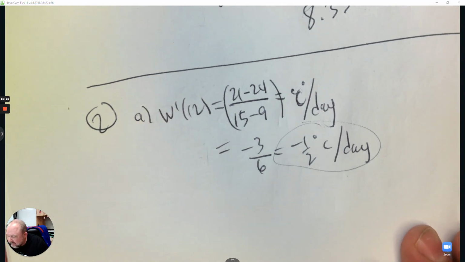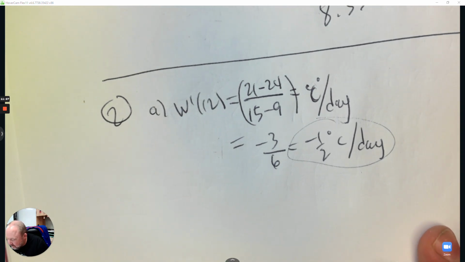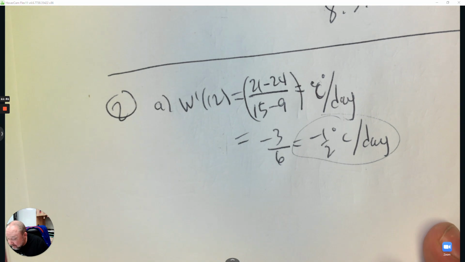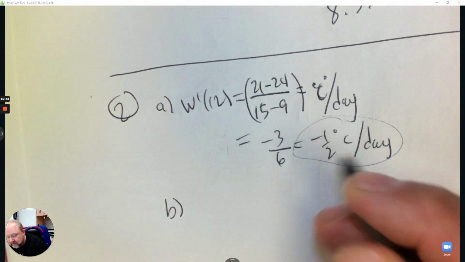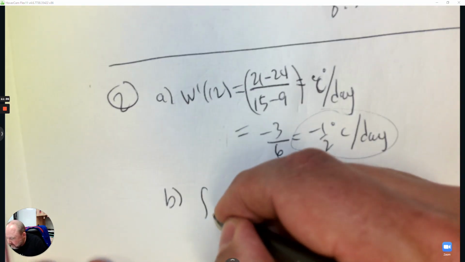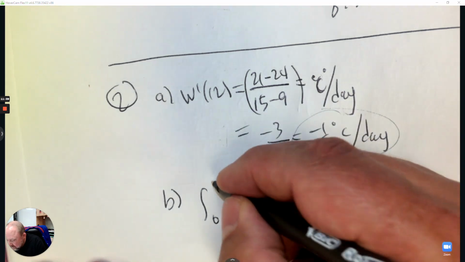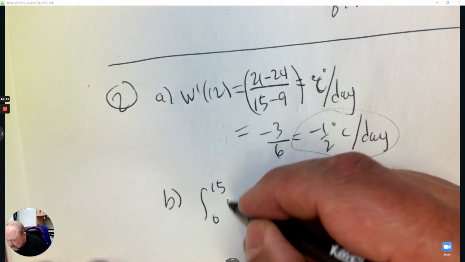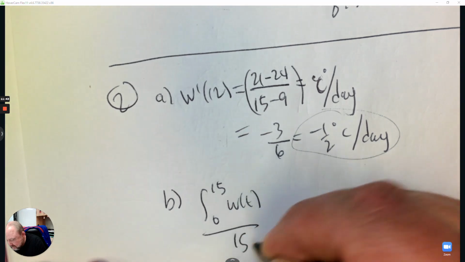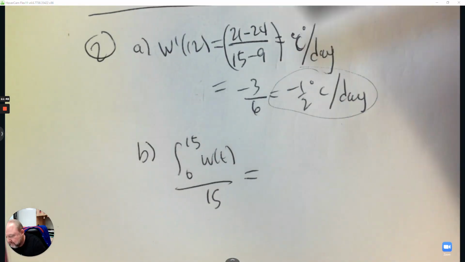All right, approximate the average temperature in degrees of the water over the interval from 0 to 15 by using a trapezoid. So average value, we're going to integrate from 0 to 15. We're going to integrate what we see, and then divide by the difference of the bounds.